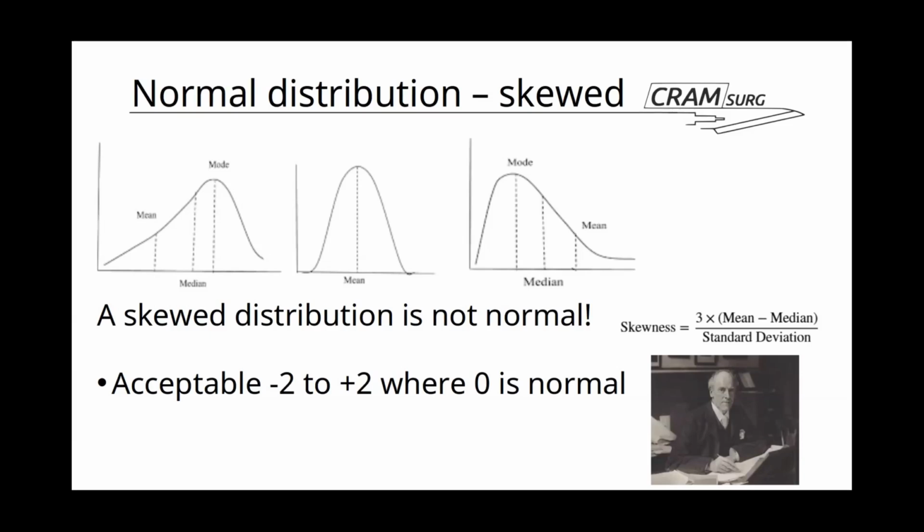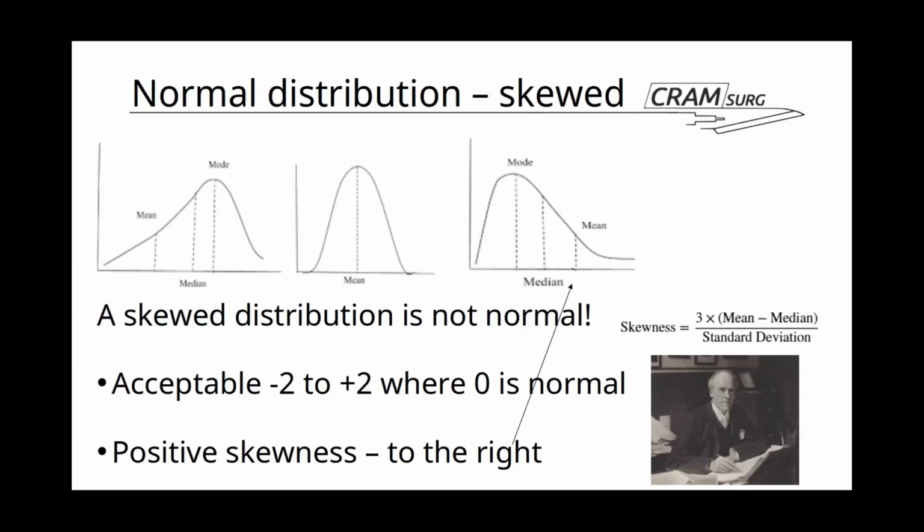And it can be as large as you like, but it might not be large enough to be exactly normal. So it is an acceptable margin. It is not universally recognized. Some texts talk about -3 and +3. Some texts talk about -1, +1. So there isn't an absolute consensus. But -2 to +2 is what I most commonly found as being considered acceptable skewness to still consider your data reasonably normal.